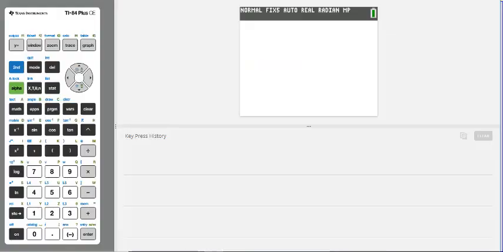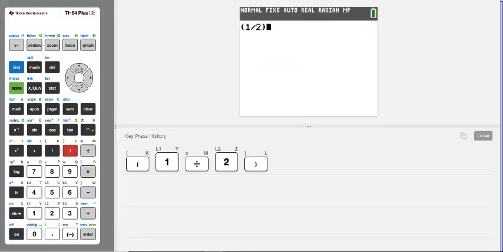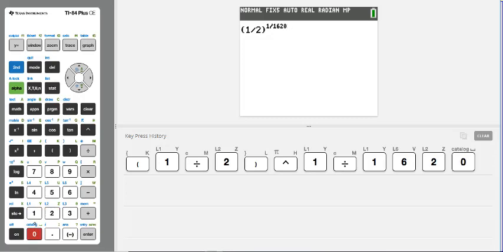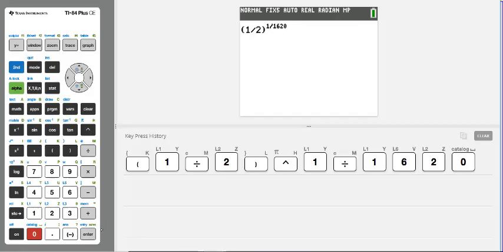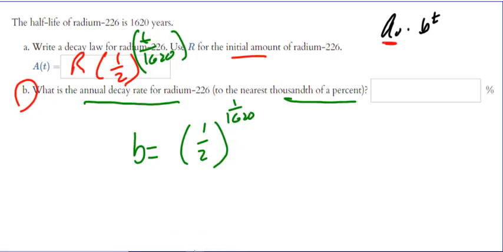So if you look over here, you go 1/2 raised to the 1 divided by 1620. I think it is 1620, right? Yeah. You're going to get 0.99957.